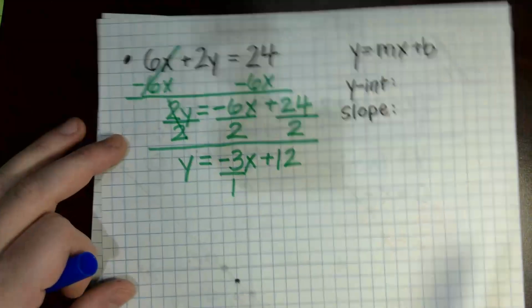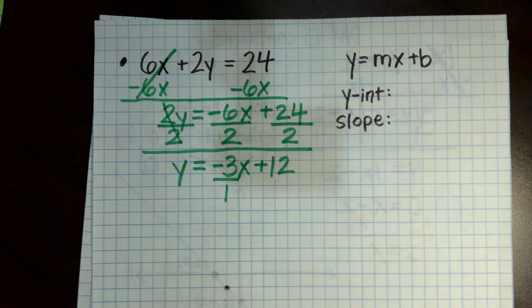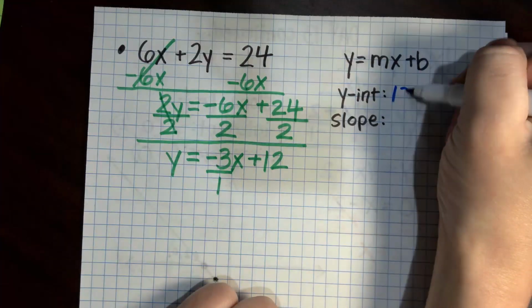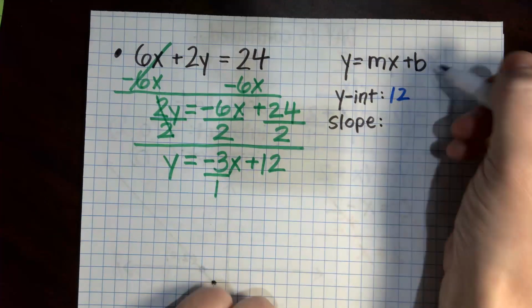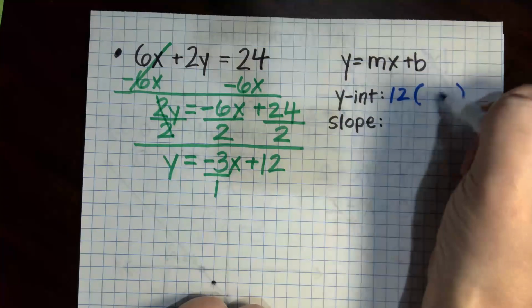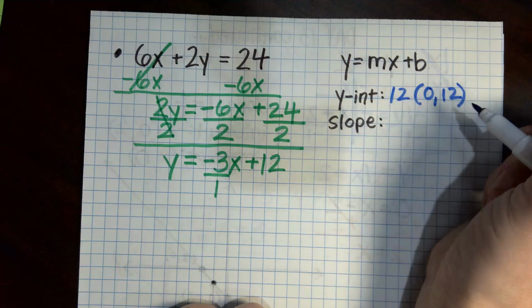Okay, so let's look at our equation. What is our y-intercept? 12. Good. So I'm going to write 12. And then we also need to write the coordinate. So, yes, 0, 12. Why is it 0, 12 and not 12, 0?